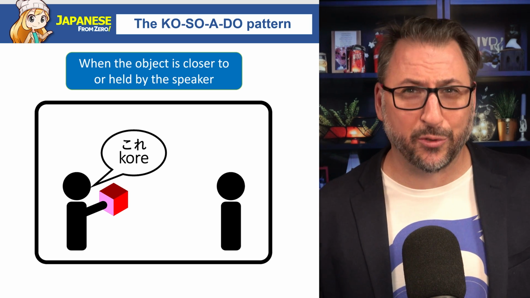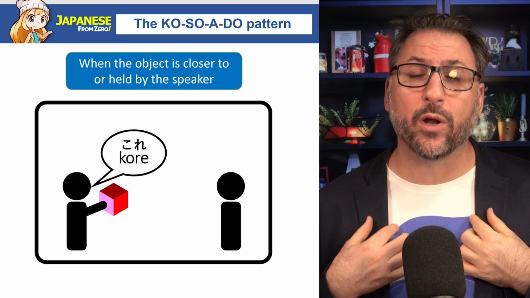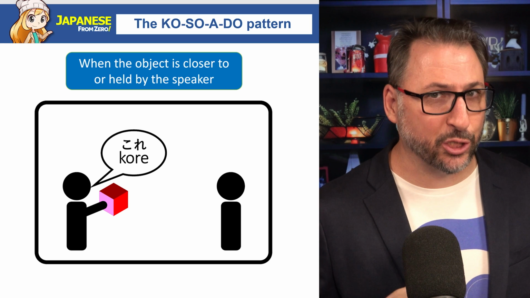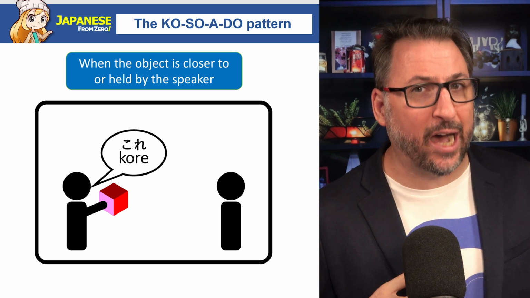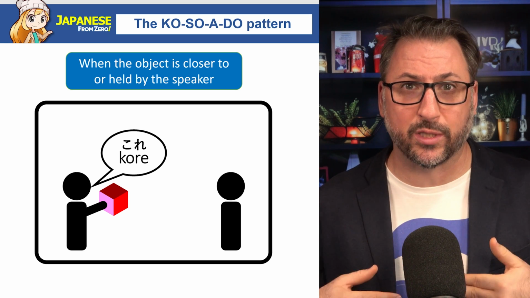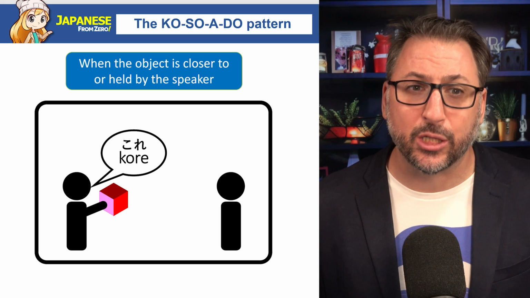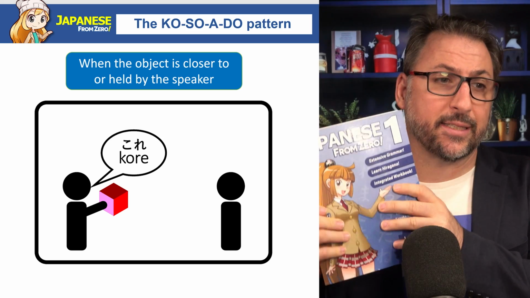This is the first one of those patterns that we're going to learn. The way it works is it's in relation to the speaker and the listener. It can also be relation in time later on, like if it was close in time or far in time, okay?